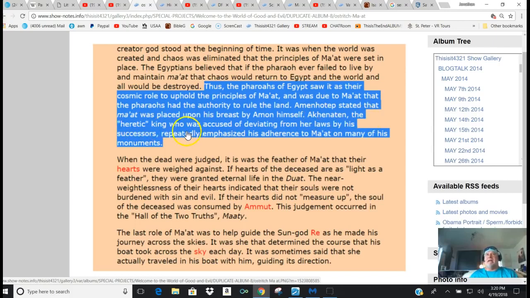Akhenaten, the heretic king, who was accused of deviating from her laws by his successors, repeatedly emphasized his adherence to Ma'at on many of his monuments. When the dead were judged, it was a feather of Ma'at that their hearts were weighed against.